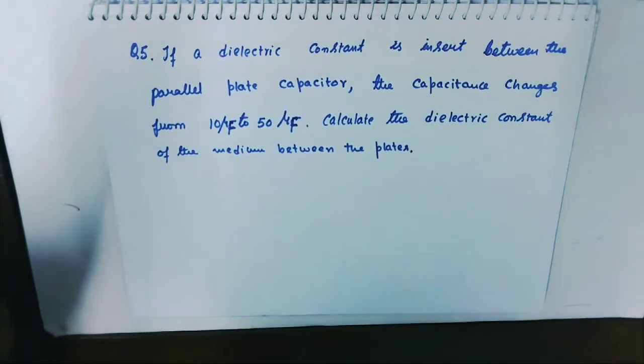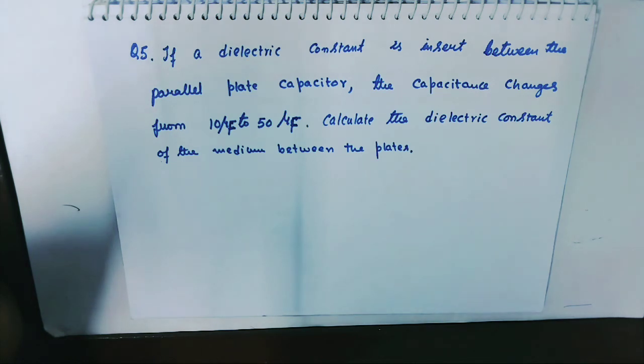Now we will solve question number 5. The question says, if a dielectric constant is inserted between the parallel plate capacitor, the capacitance changes from 10 microfarad to 50 microfarad. Calculate the dielectric constant of the medium between the plates.